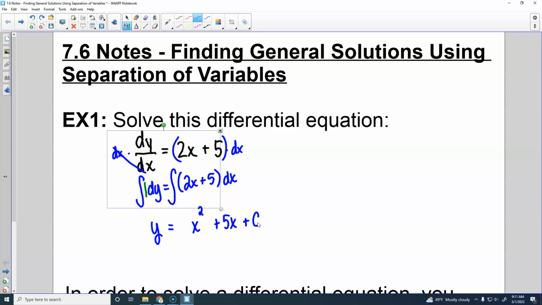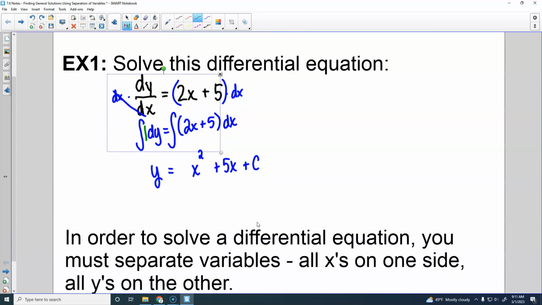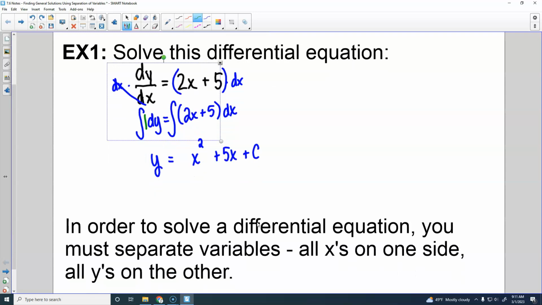But very basic. So in order to solve a differential equation, you must separate the variables. And if you take differential equations, there are all kinds of other methods for solving things that are not separable. And I told you guys I didn't take that class, which I feel a little bit gypped on. So I don't even know all of them.